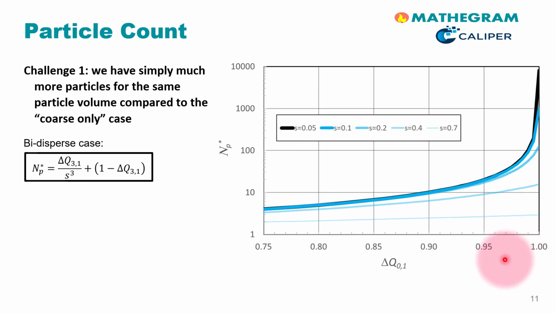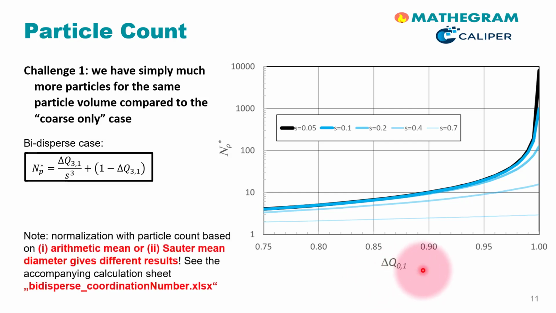As you can see, below a certain size ratio of approximately 0.3, there is a steep increase in the particle count when increasing the fines content. Please note that we have used here the number fraction of fines, which is denoted as delta Q01 in this figure.